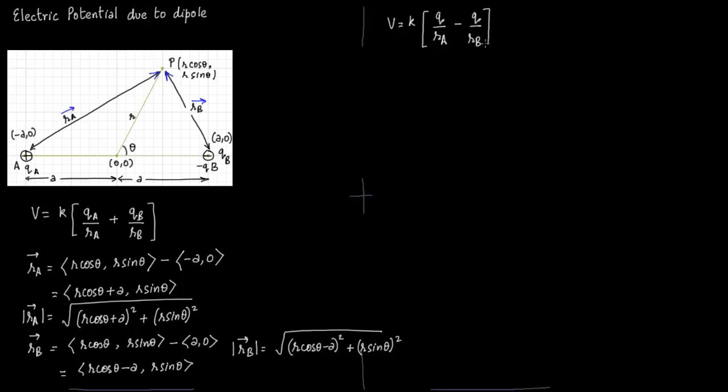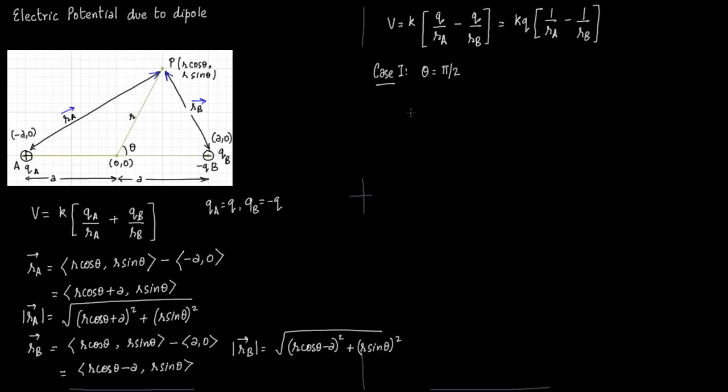QA is Q, and QB is minus Q. So you take Q out, and you get the potential as KQ times 1 by RA minus 1 by RB. And this RA and RB are nothing but the lengths of the vectors which we have just computed. RA is the length of the RA vector and RB is the length of the RB vector.